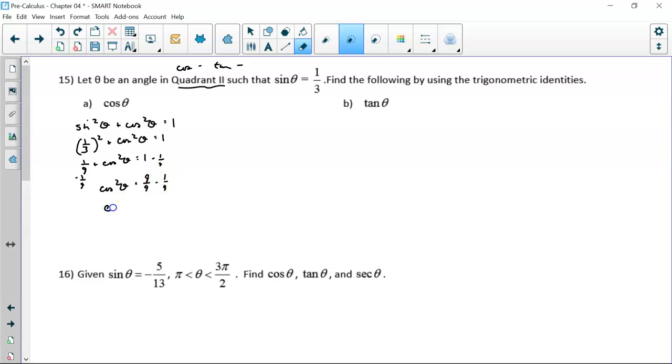What you're going to get is that cosine squared theta equals 8/9. Take the square root of both sides. Cosine of theta equals the square root of 8 over the square root of 9, which is 2 root 2 over 3. And because it's in quadrant 2, it's a negative 2 root 2 over 3.